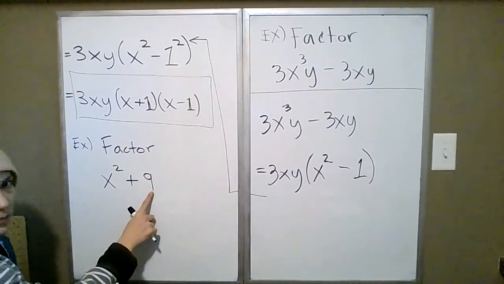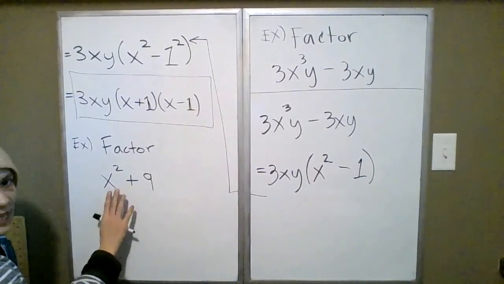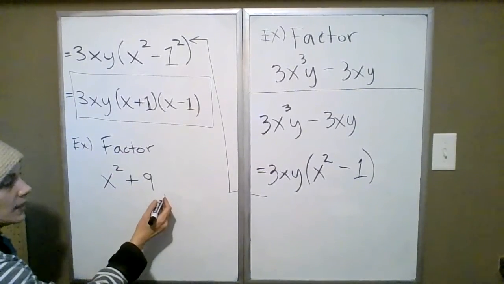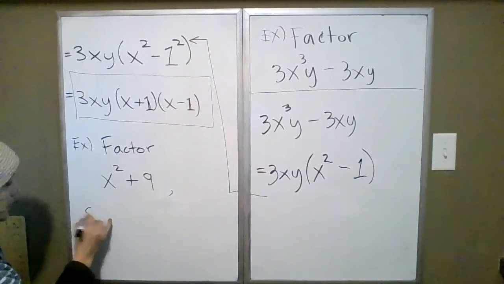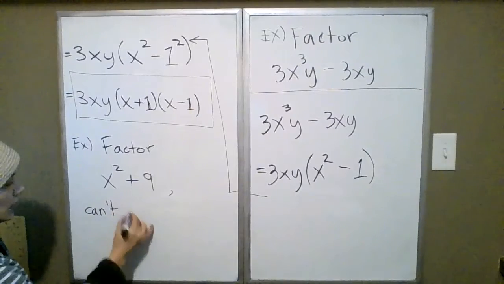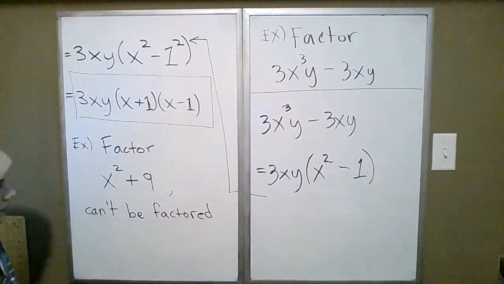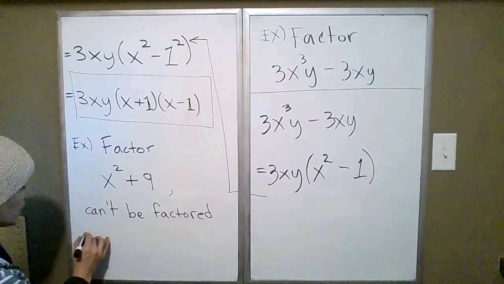Even though you can write 9 as a number squared, it's not a difference of squares. You need a minus sign right here. So this one can't be factored any further. So I would say just say can't be factored further. To be clear, it can't be factored as a difference of squares, is my point.